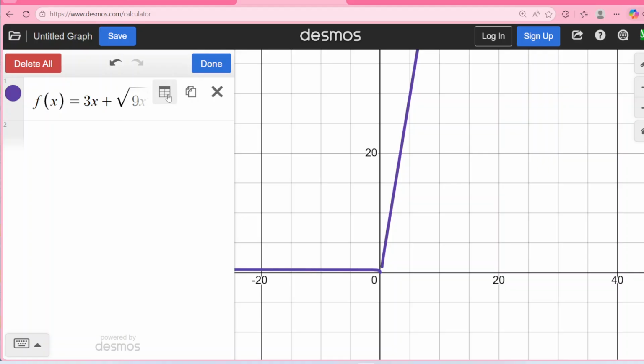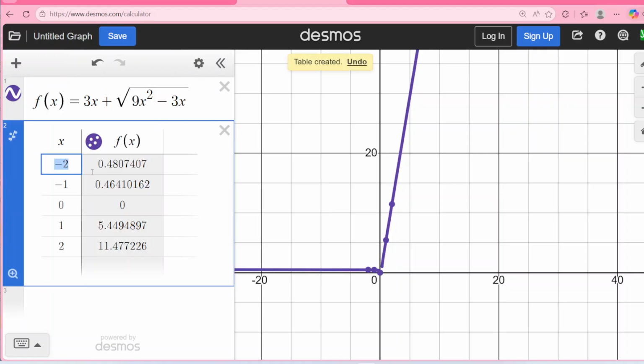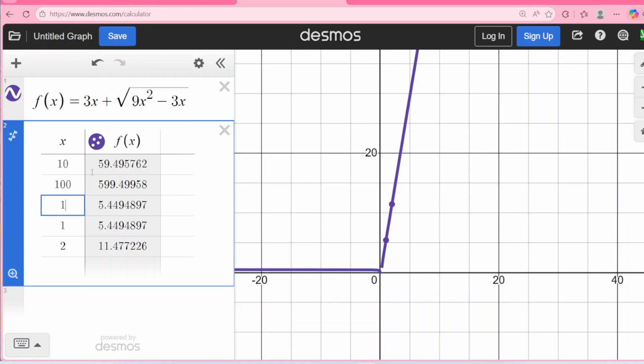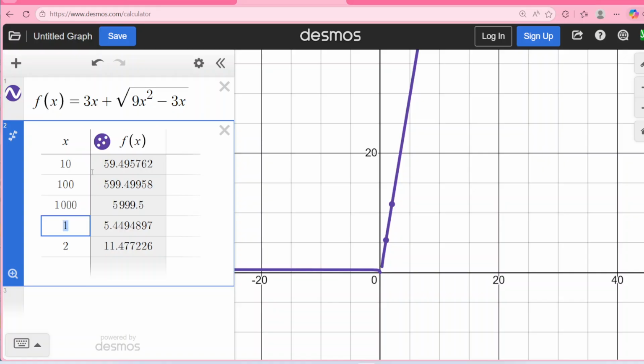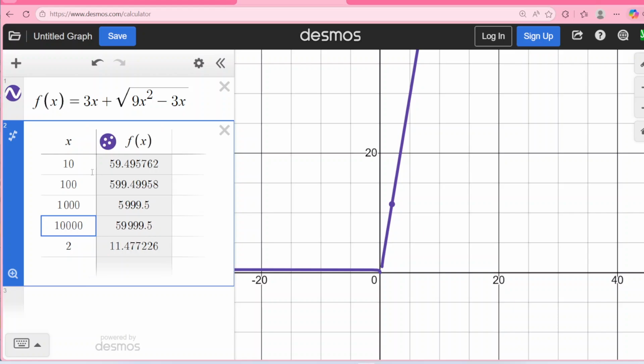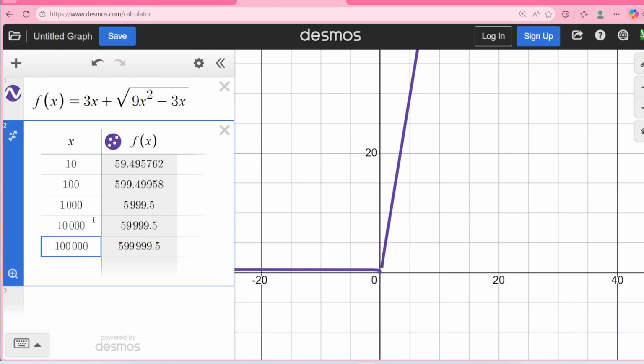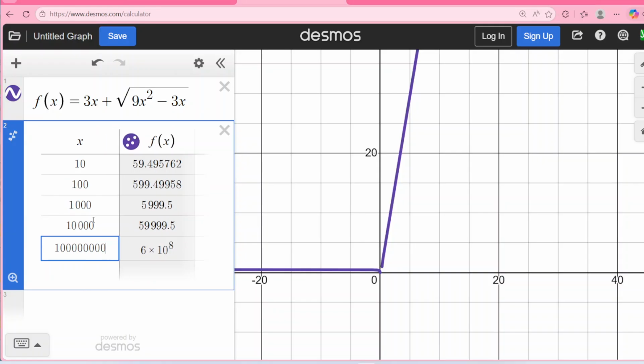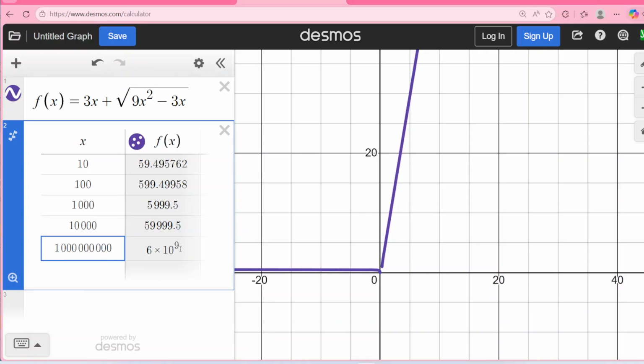And if I make a table, plug in larger positive values: 10, 100, 1,000. Just keep throwing zeros on this: 10,000, 100,000, and so on. There's a million. I see the bigger I make that number, the larger the output is.